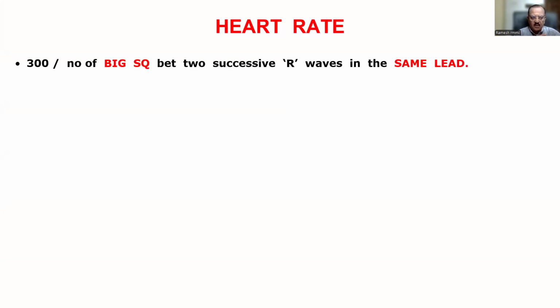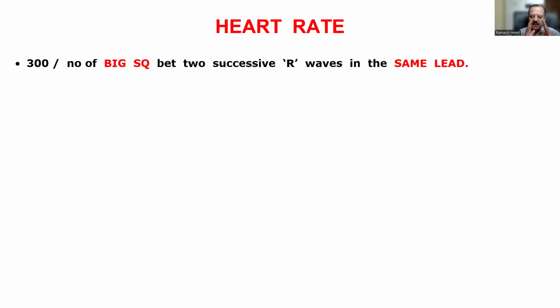The first thing we have to understand is the heart rate, how to calculate the heart rate. Computerized ECGs will give the rate there itself. Many times it will be correct, but you must know how it is calculated. It's a simple calculation: 300 divided by the number of big squares between two successive R waves in the same lead.